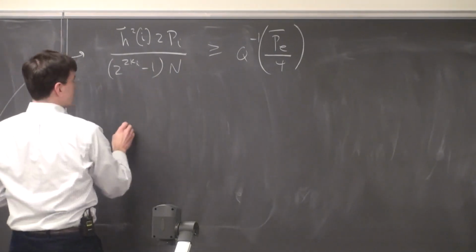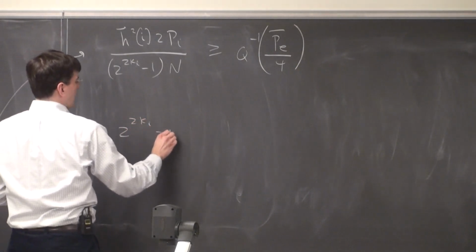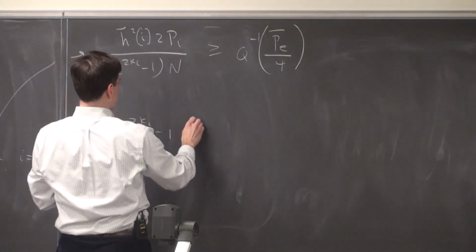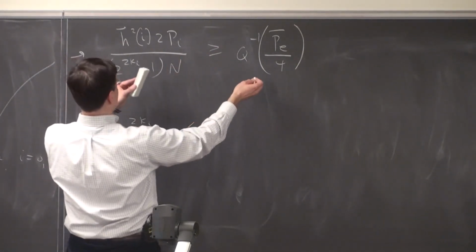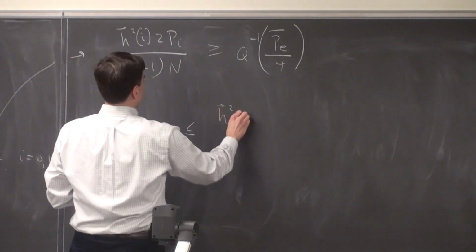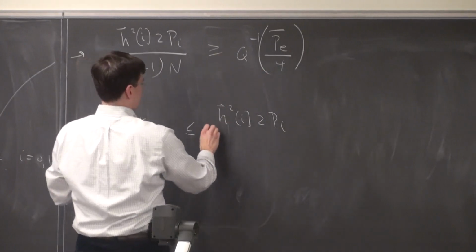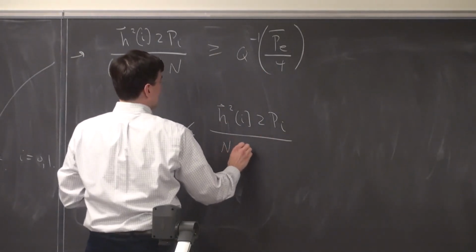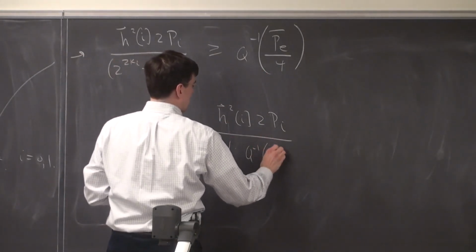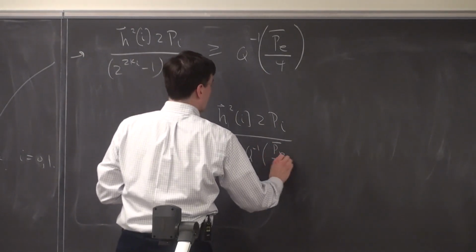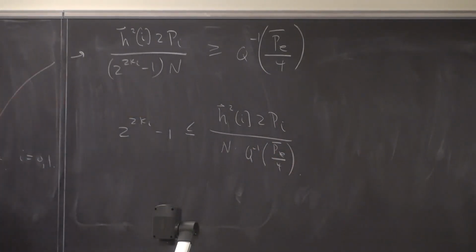Let me move the 2 to the 2Ki minus 1 over and put everything else on the other side. So this has to be less than or equal to Hi squared 2Pi over n times Q inverse of P_E bar over 4.